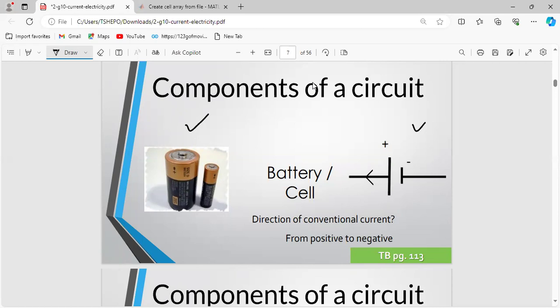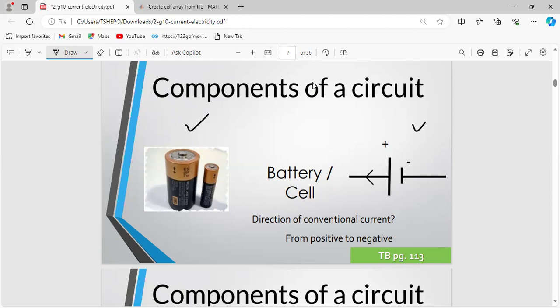Now, here's the thing. You need to know that a battery has two different terminals, or different ends. The first is the positive terminal, and then we have the negative terminal. Let's have a look at this diagram so that you don't confuse these things. I normally say tall man is positive, and short man is negative.